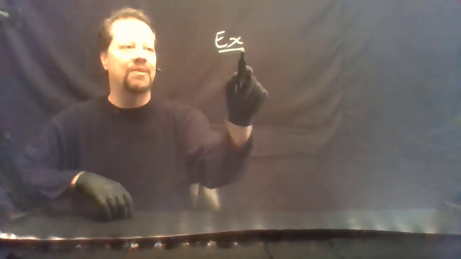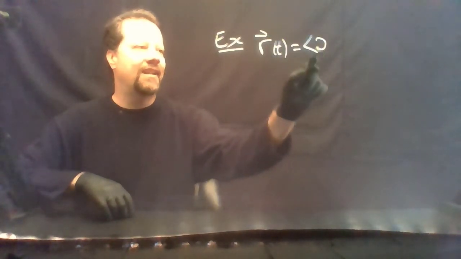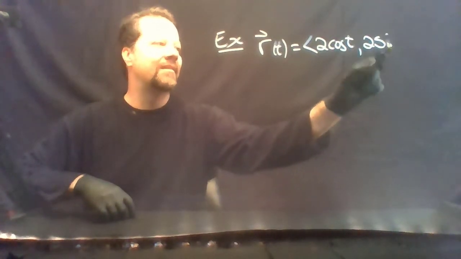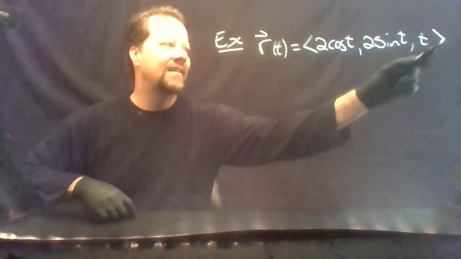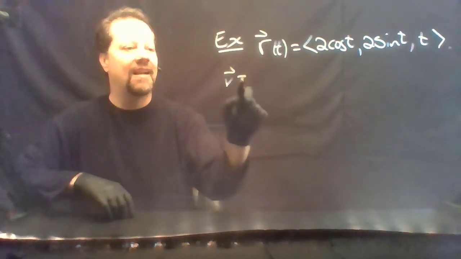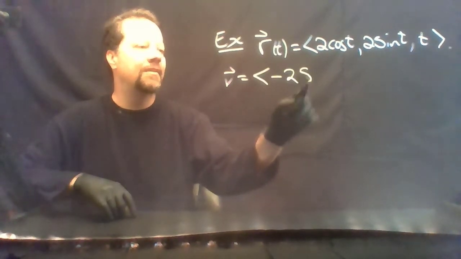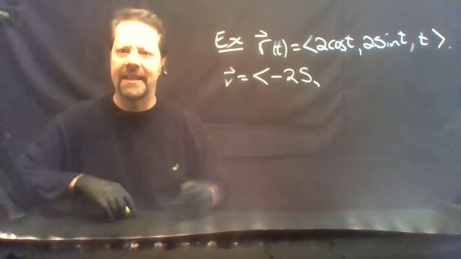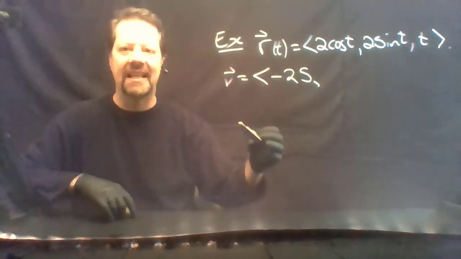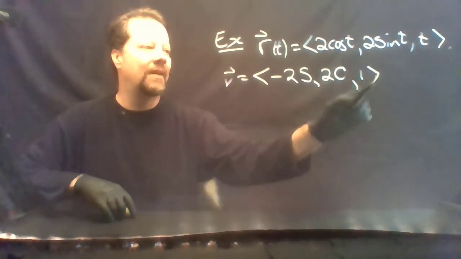As an example, let's consider a helix. Let's say 2 cosine t, 2 sine t, t. The velocity vector is going to be -2 sine t, 2 cosine t, and then 1. I'll save space by writing capital S in place of sine and capital C in place of cosine.